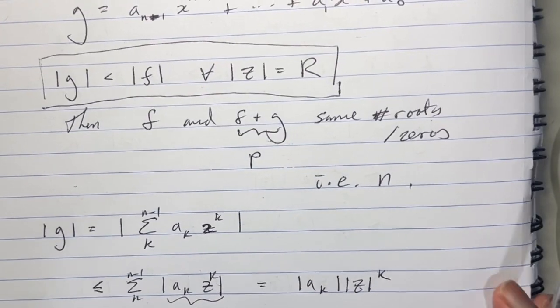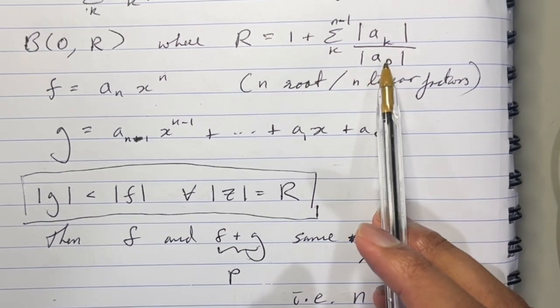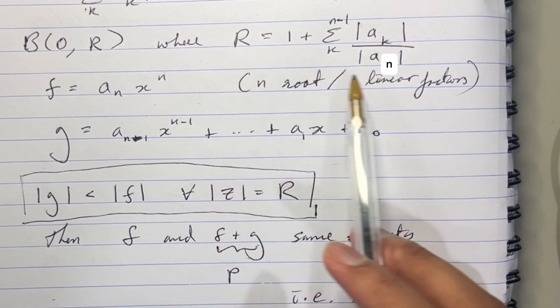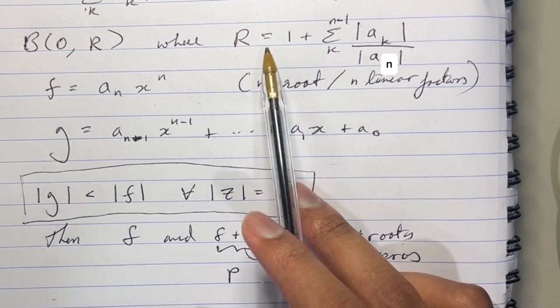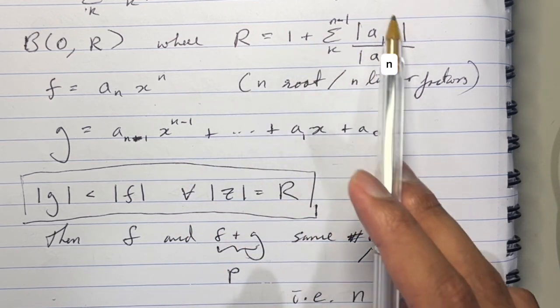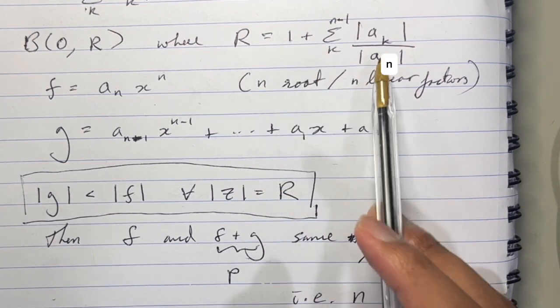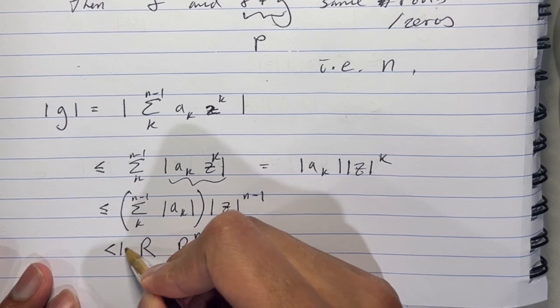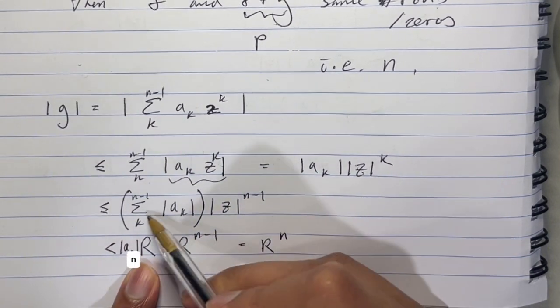And the reason we want this to be true is that now if we multiply both sides by a_n, we see that the absolute value of a_n times r is bigger than this, because we're adding on some positive amount. So we have that the absolute value of a naught, r is bigger than this sum.